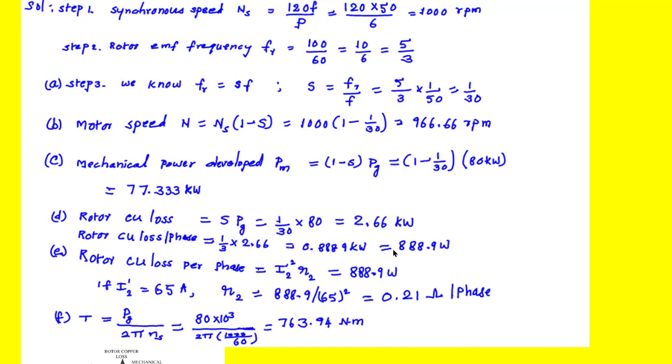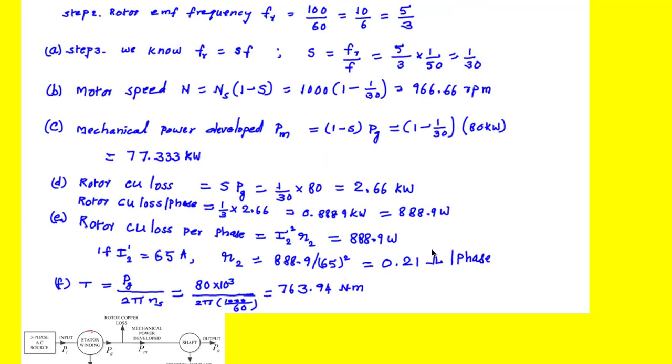The rotor copper loss is fixed, the rotor current is given, and we want the rotor resistance. For this we know the formula I2 square into R2, and that too per phase, so we have the per phase value readily available. The current is also given, so we can write R2 is equal to 888.9 divided by 65 square, so then we get 0.21 ohm per phase.